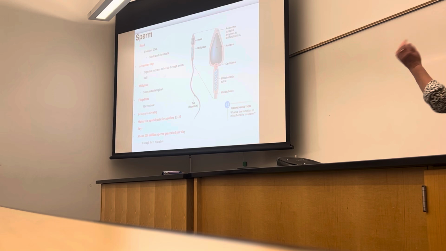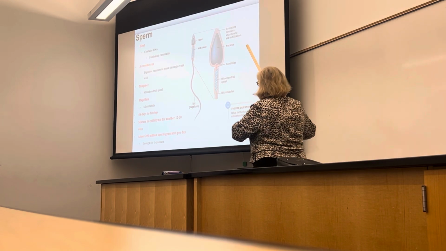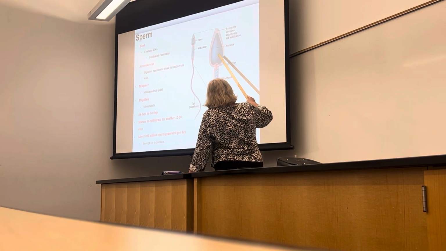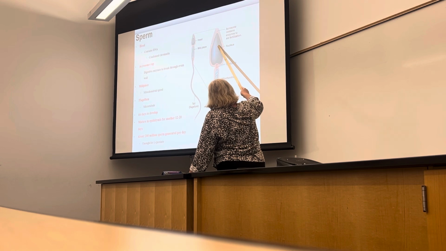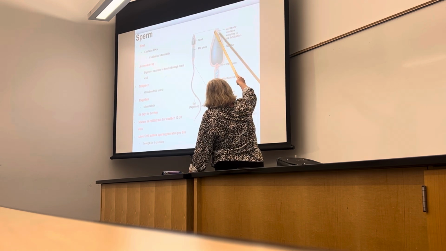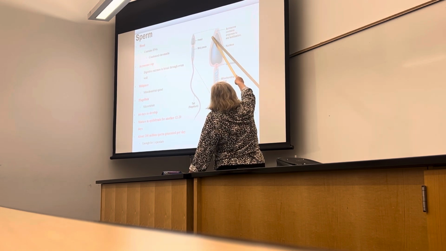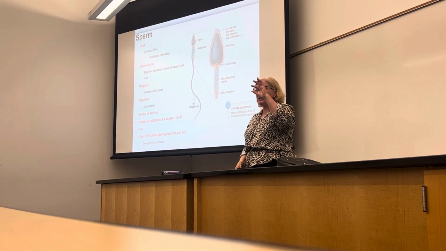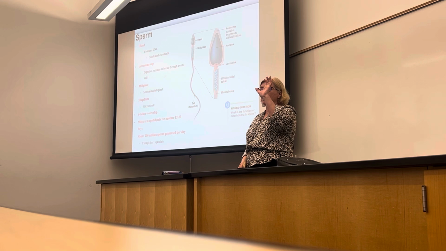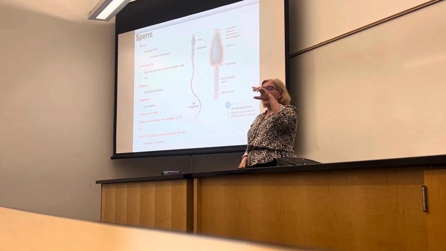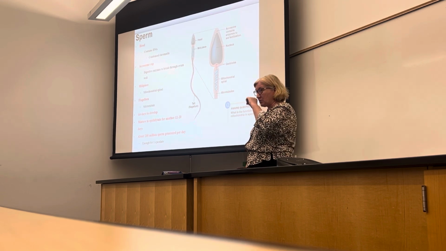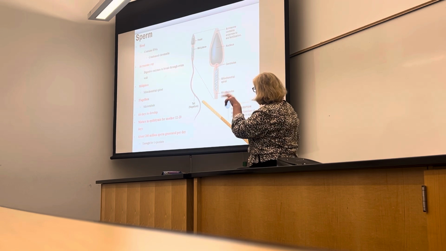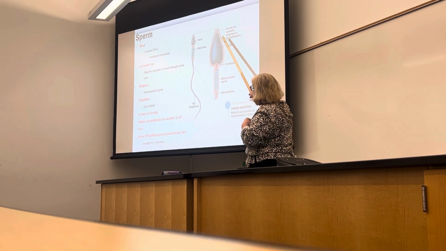So here's the closer look. The head contains DNA. This is a nucleus with very condensed DNA. There is also an area called the acrosome that has enzymes that will be able to penetrate the corona radiata, the protection the ovum has, so the sperm can pass through and fertilize.